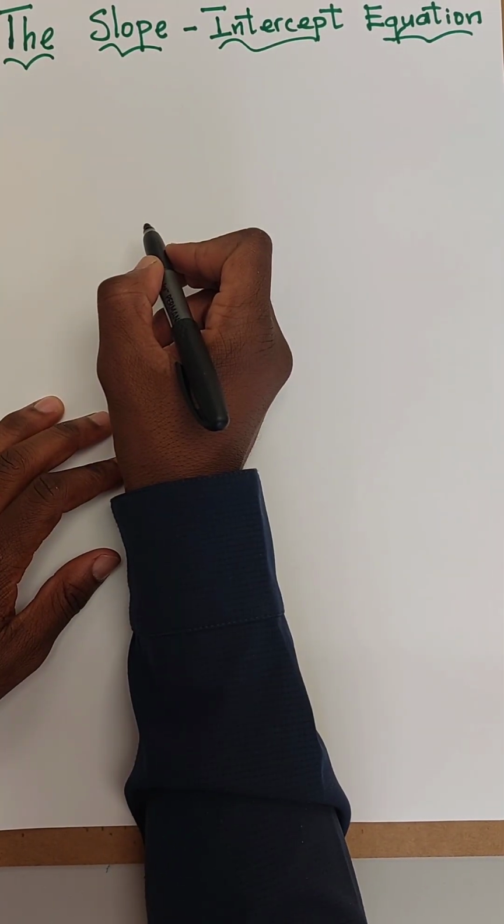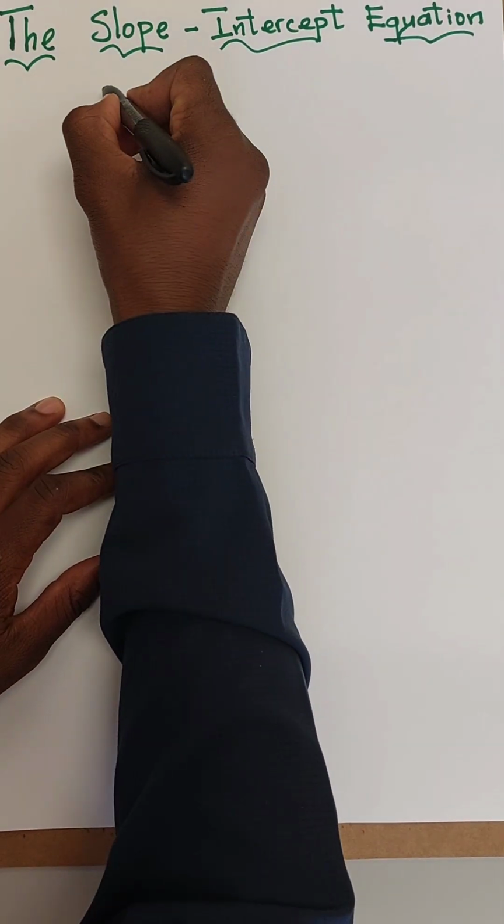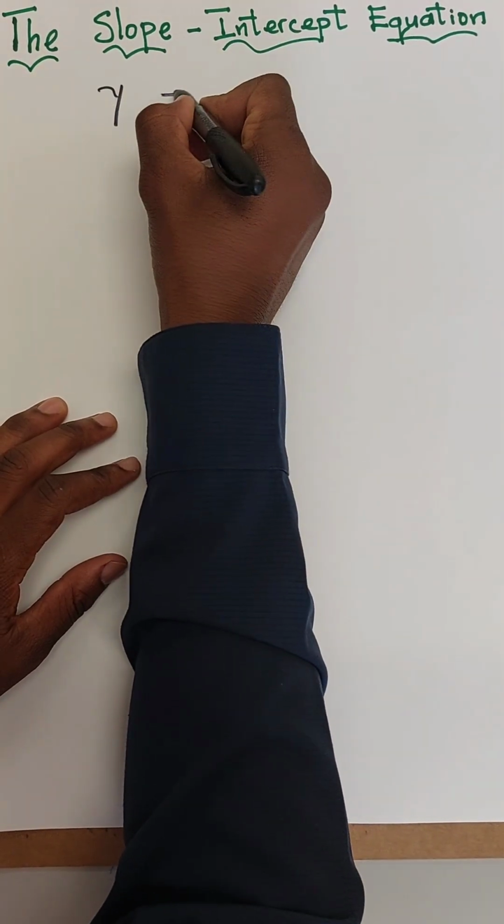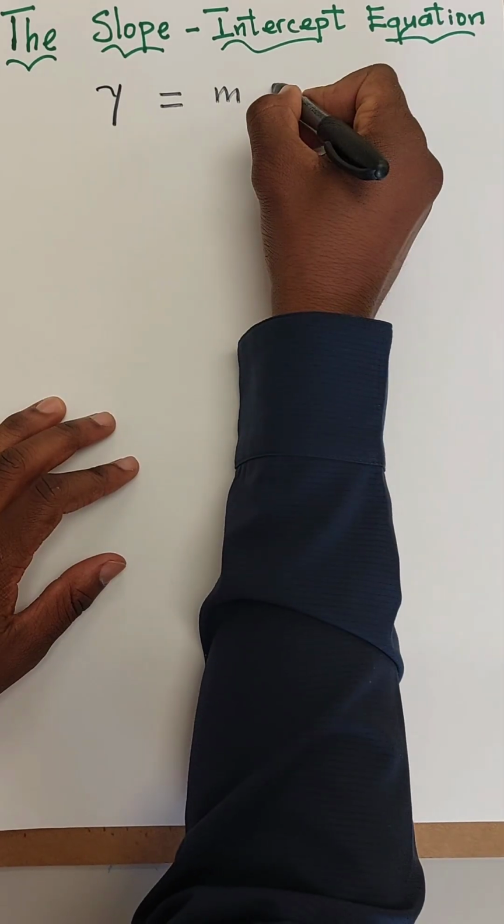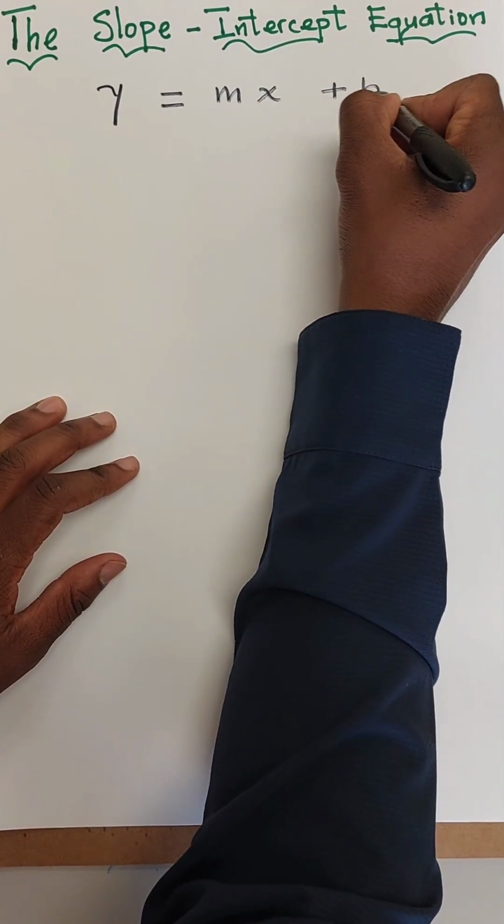The slope-intercept form of the equation of a linear relationship is always written as y equals mx plus b.